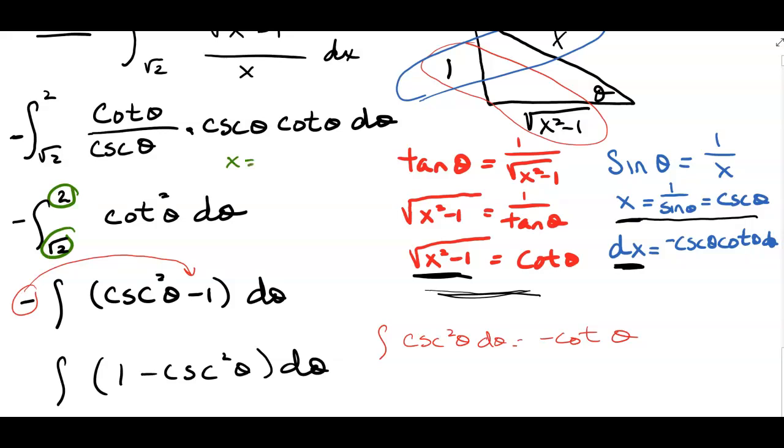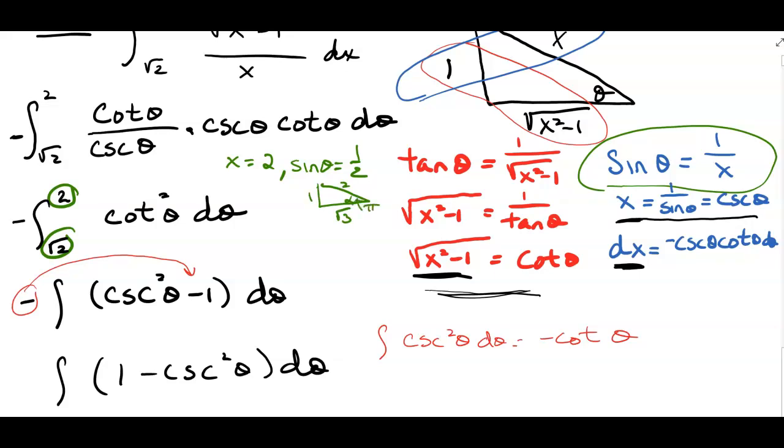So when x equals 2, all you have to do is use this piece. It's the easiest one to use. Sine of theta equals 1/2. You can use your calculator, I would keep it in radians, or you can remember your quick 1, 2, radical 3 triangle.